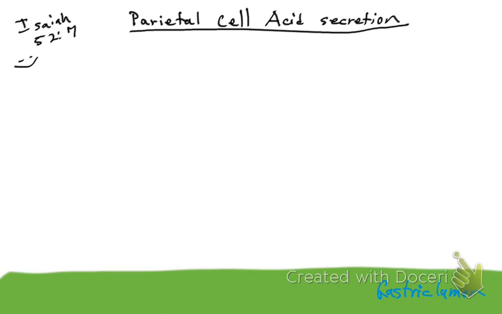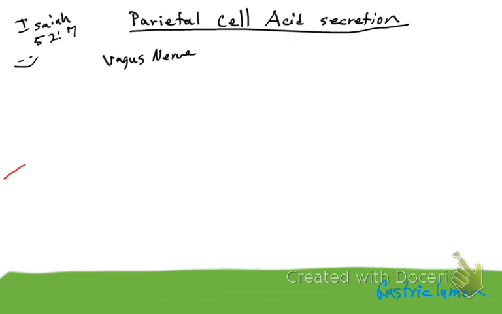So let's start breaking it down. This secretion is going to happen as follows. We have the vagus nerve, and this vagus nerve is going to go to those cells that I'm going to draw here.